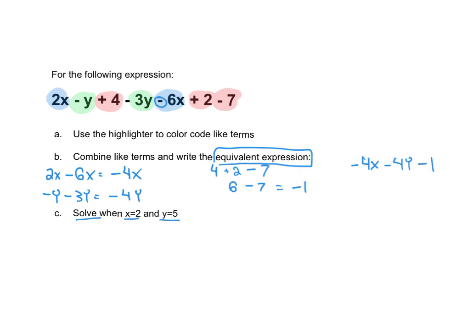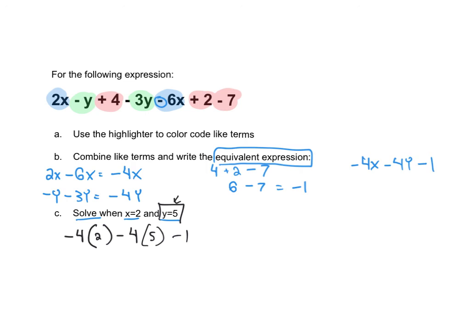So here I would have -4 times 2 minus 4 times 5, right? Because my y is 5, minus 1.